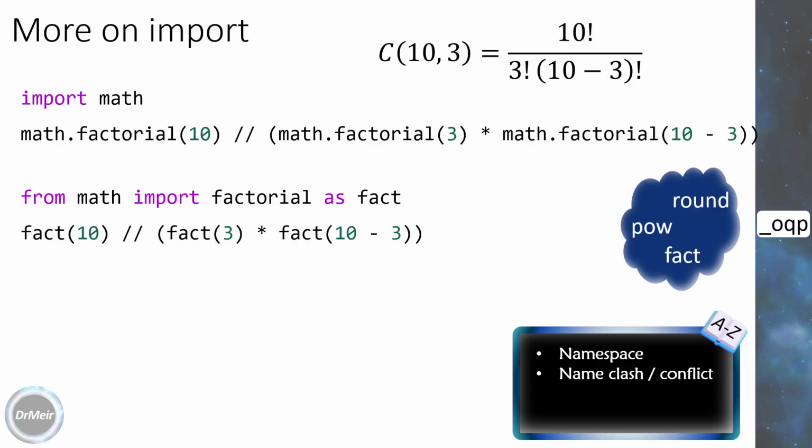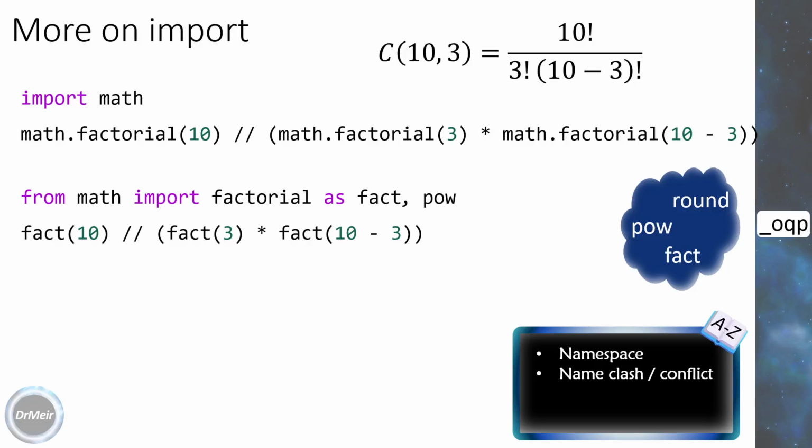For example, if we import the pow function from the math module, it will clash with the built-in pow function. By the way, I hope the existence of another pow function makes you raise a brow. If it does, you know what to do, don't you?